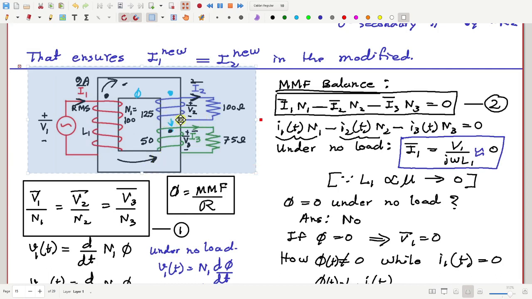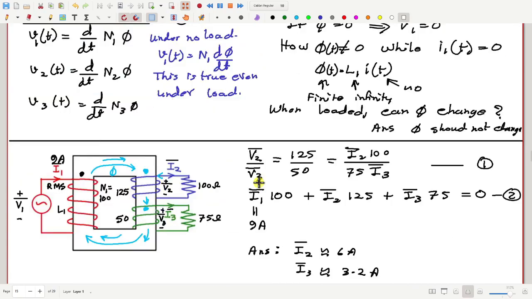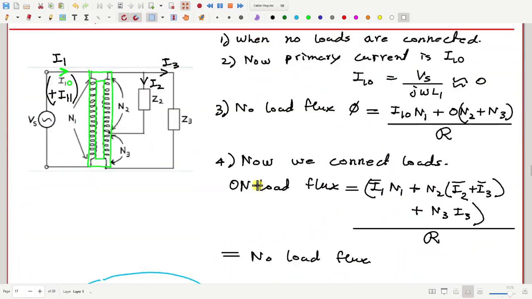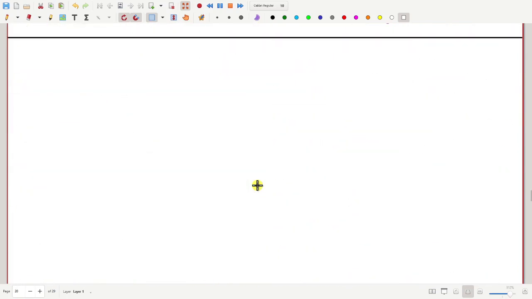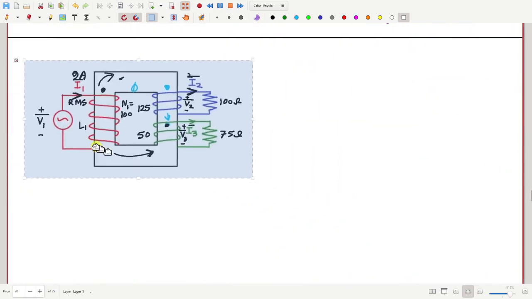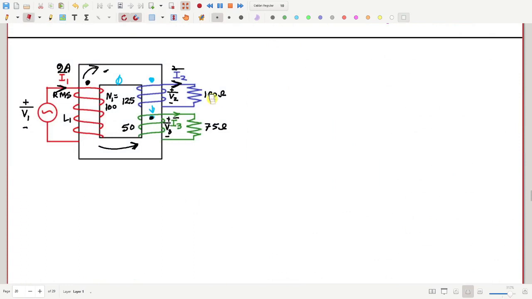Let me copy this. Let me make it a bit clean.